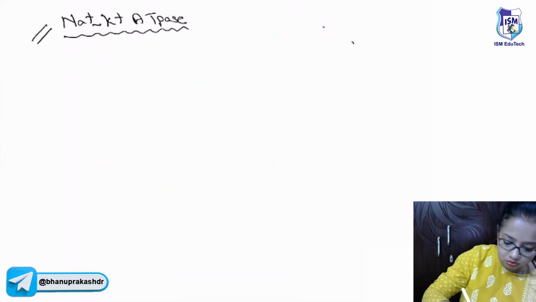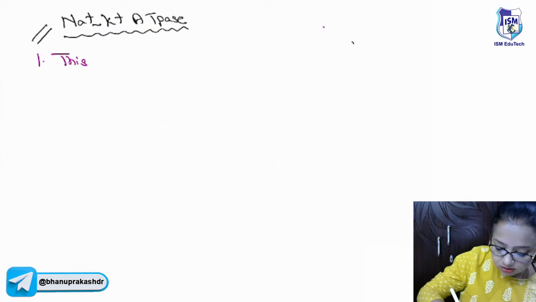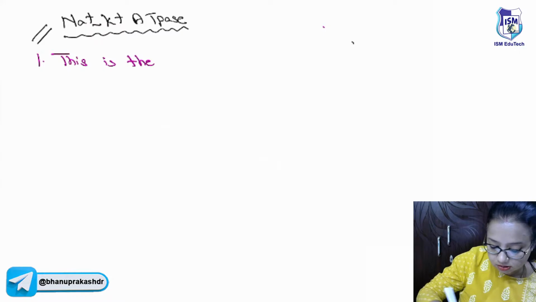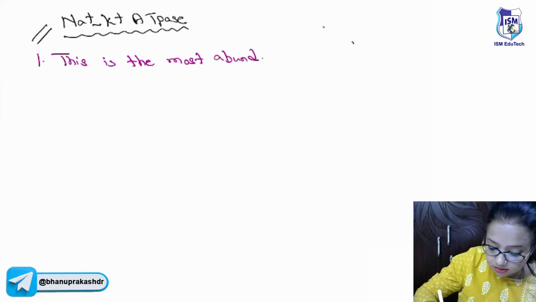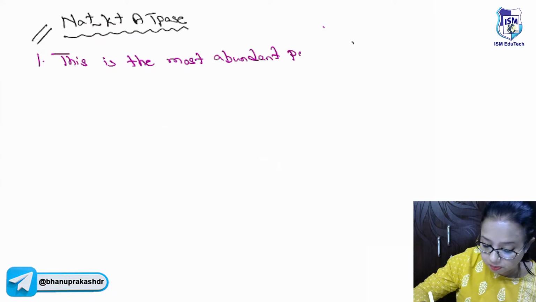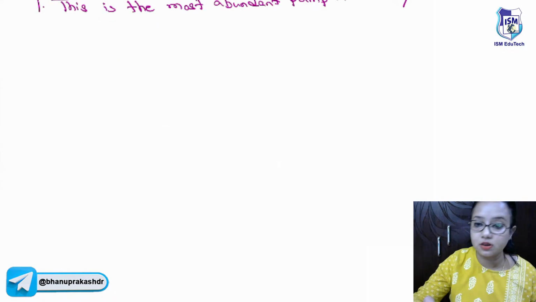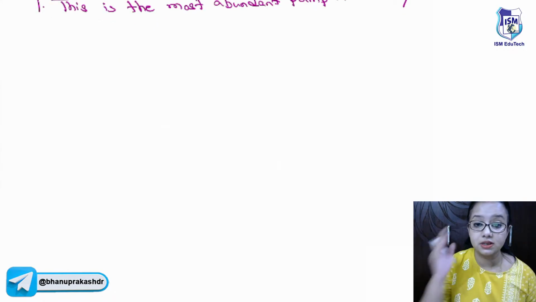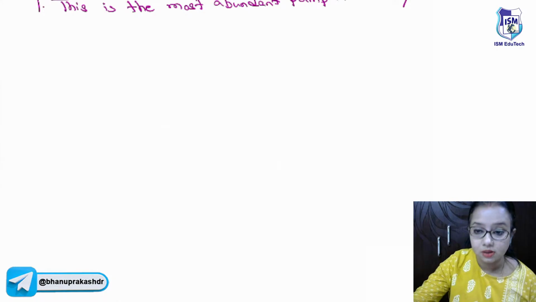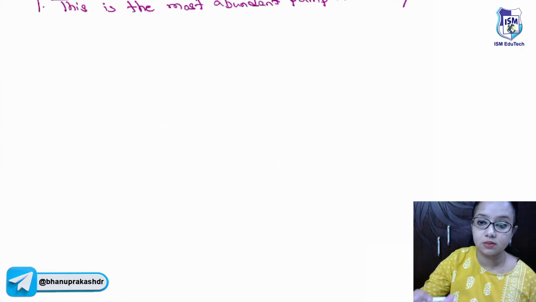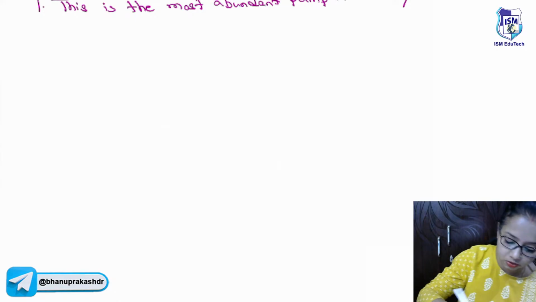Why this one only? Okay. First, because this is the most abundant pump in the body. Our body has millions of cells, and the most common active pump present is the sodium potassium ATPase pump. This is the first point.